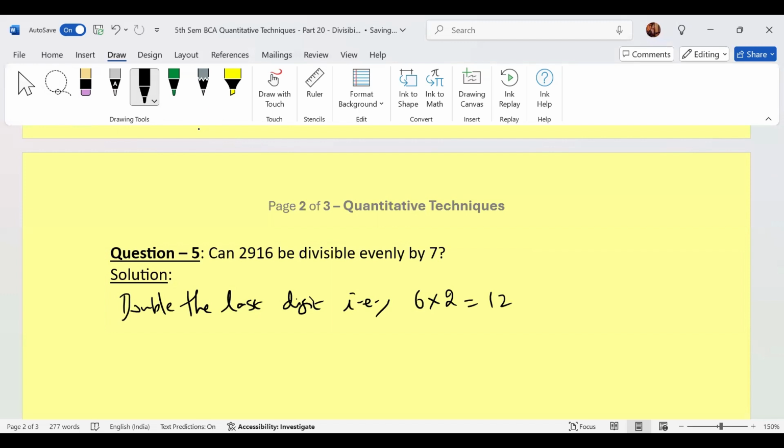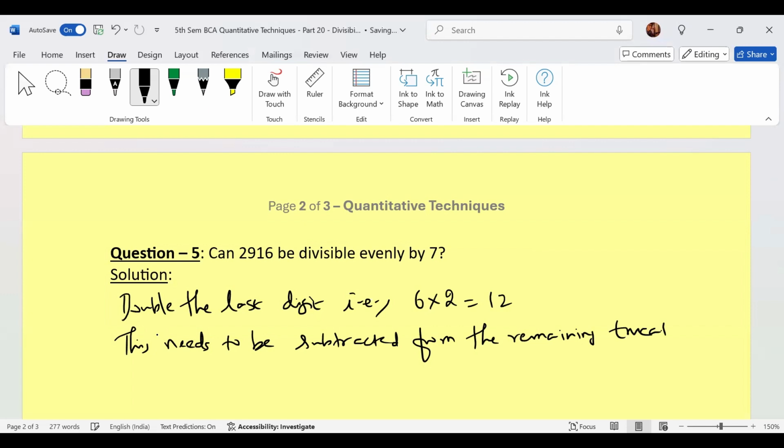And this needs to be subtracted from the remaining truncated number. That is, remaining truncated number is 291. 291 minus 12 we have to do. We will get 279.